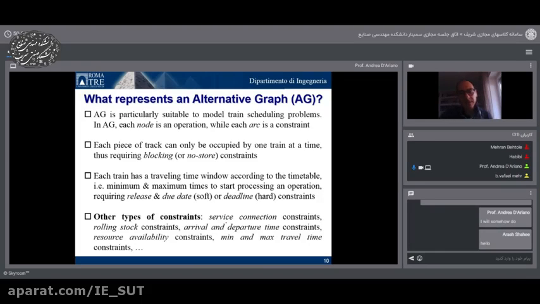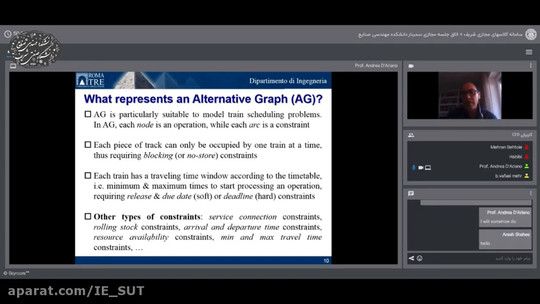Then there are many other types of constraints. I don't want to list all of them, but you can imagine that you need to connect services. For example, there are passengers that want to move from one train to another train in a station, change train, and then we will need a service connection. Or we might need a rolling stock connection. That means the same train performing two different types of services. Or we might need constraints regarding the timetable, for example, the arrival and departure time from a station. Or we might need constraints on resource availability.